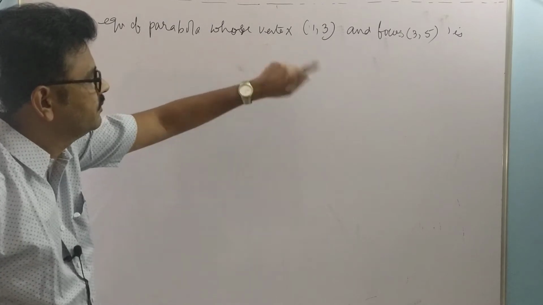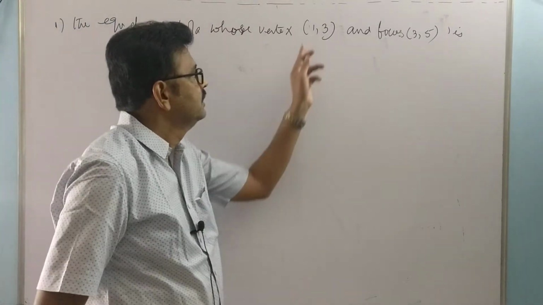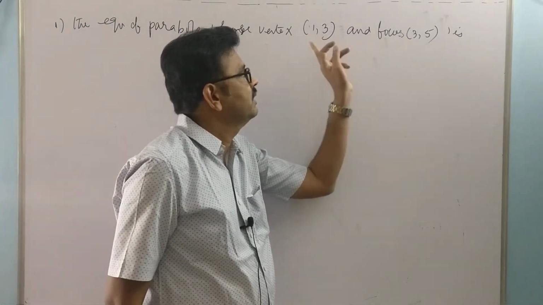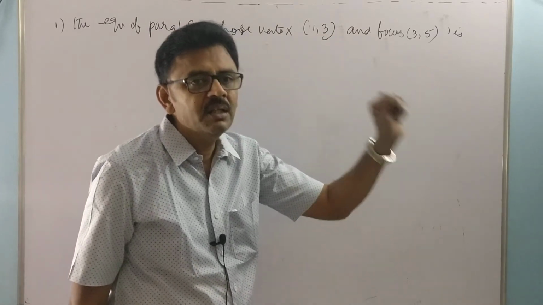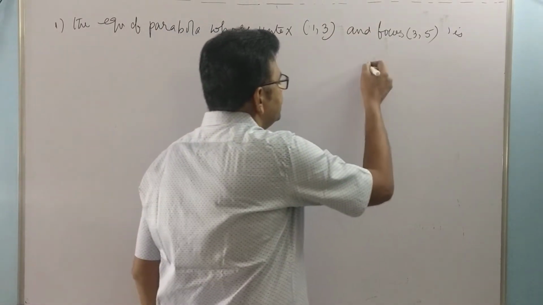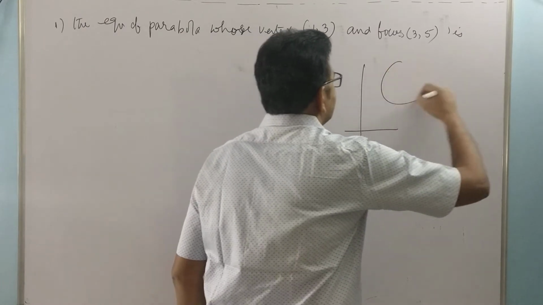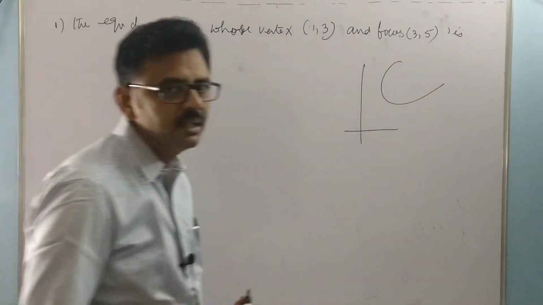Vertex is given and focus is given. You observe that the x coordinates are not equal and also the y coordinates are not equal. So there may be a chance that the parabola is like this in general.